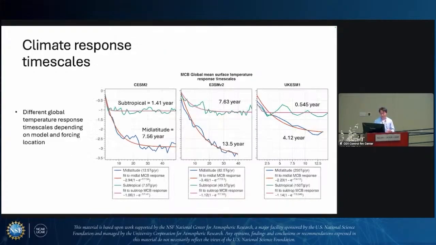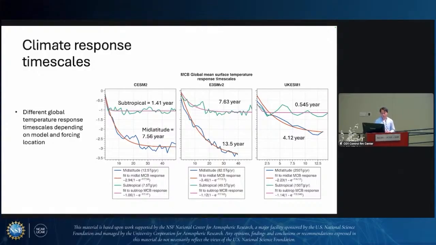I figured I'd include this because this is relevant to when we're designing the controllers, the algorithm that adjusts how much MCB we're putting into the atmosphere. When we compare across the models, the subtropical versus the mid-latitude MCB cases, the response timescales are quite different.